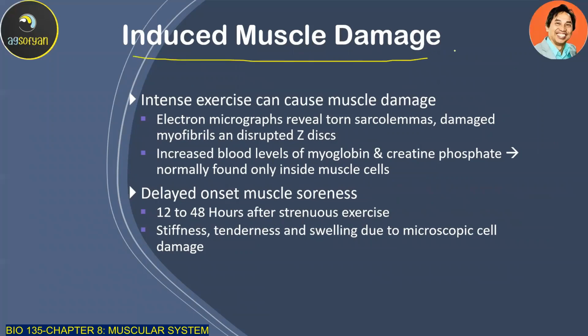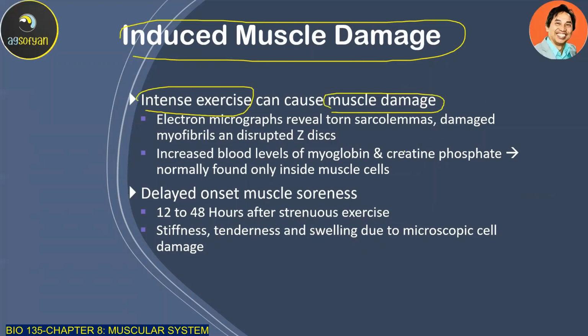Some muscle damage is induced, for example, intense exercise can cause muscle damage. If we never exercise and suddenly we exercise so much, it can cause muscle damage. So it is really important, if you never exercise, do not start with forceful exercise. Do not force yourself.